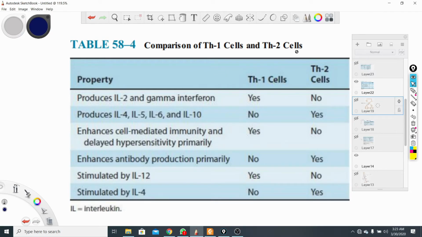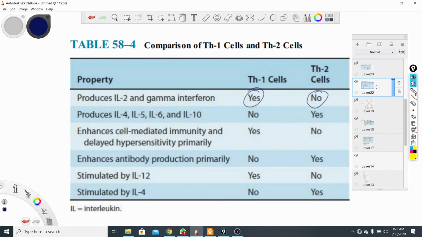Comparison of Th1 cells and Th2 cells. Th1 cells produce IL-2 and gamma interferon, whereas Th2 cells cannot produce IL-2. So what is the story of Th1 and Th2 and where are they coming from? Basically, naive CD4 T cells. Naive means they have not yet been in contact with antigens, and these naive T cells differentiate into Th1, Th2, Th17 and Treg cells.